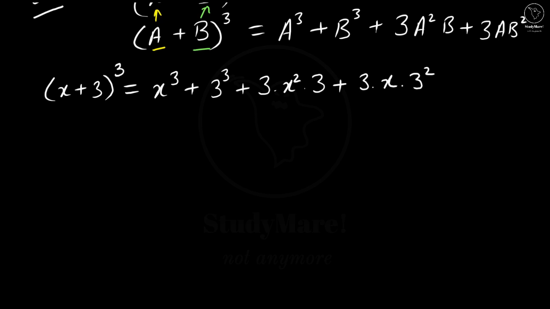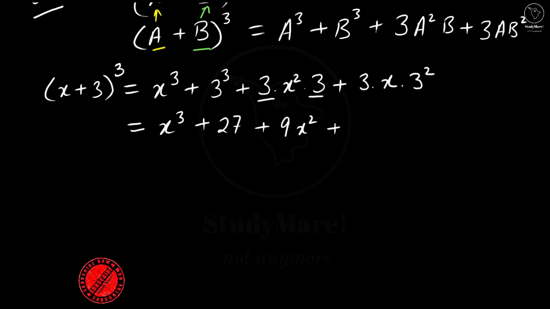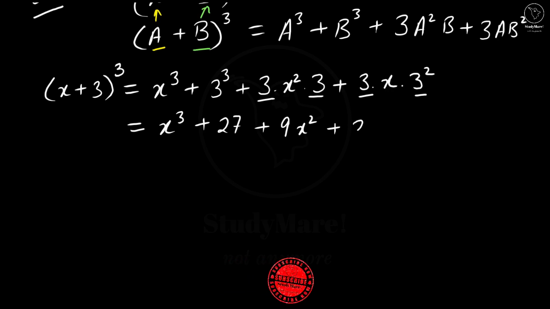Let us simplify this. Equal to x³ plus 3³ is 27, plus 3 into 3, that is 9x², plus 3 into 3². Now 3² is 9, into 3, that is 27x.